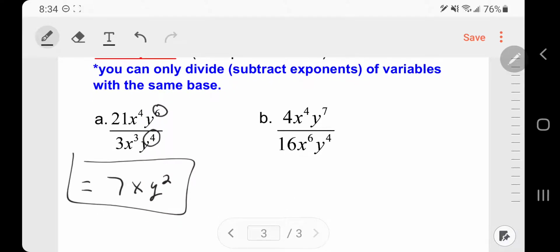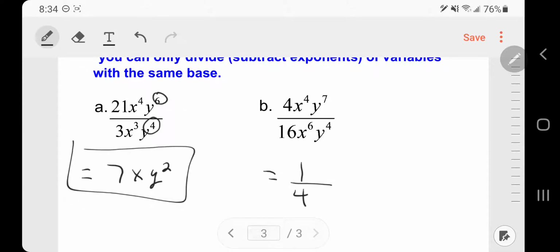Okay, here I have 4 over 16. Now again, 4 divided by 16, that's going to be a fraction. It's going to be 1/4. 4 minus 6 would be x to the negative 2. And 7 minus 4 is going to be y to the 3rd.